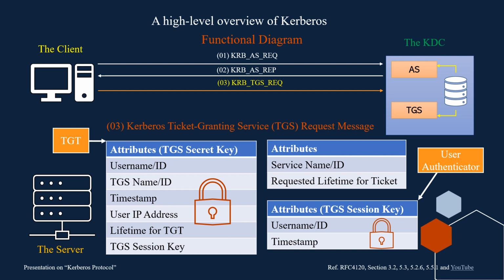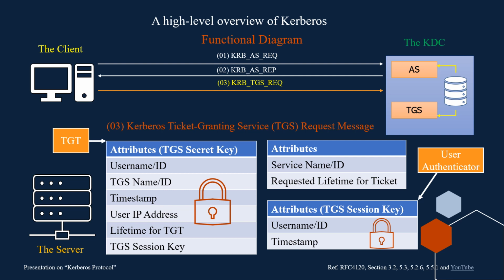After verifying all of those things, it will do another job, that is it will maintain a TGS cache. It will look for any other available ticket, that is whether there is any other ticket available in its cache. If there is none, then it will add the user into its cache.